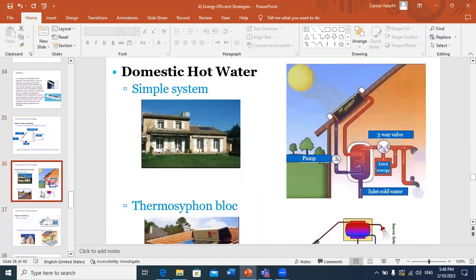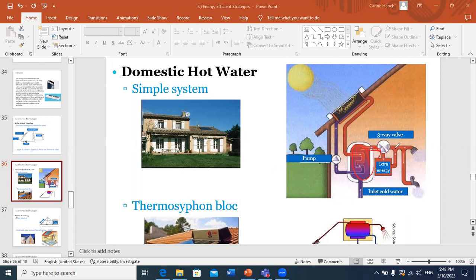So here we can see several systems. Okay, we talked about now the active system. This is the active system where you have a pump, and you can see here that after you store your energy, you can distribute it. So here, this is a second loop. You have, for example, a distribution system.